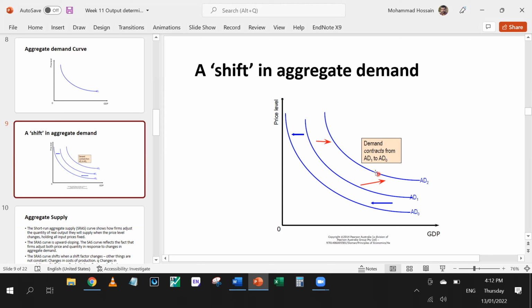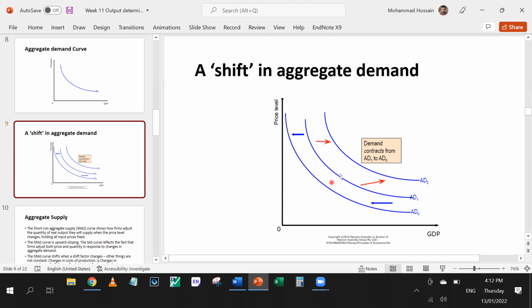So when C, I, G, and X increase and M decreases, the aggregate demand curve shifts to the right. The opposite way, if C, I, G, and X decrease and M increases, the aggregate demand curve will be shifting to the left. That's the rule you need to follow.